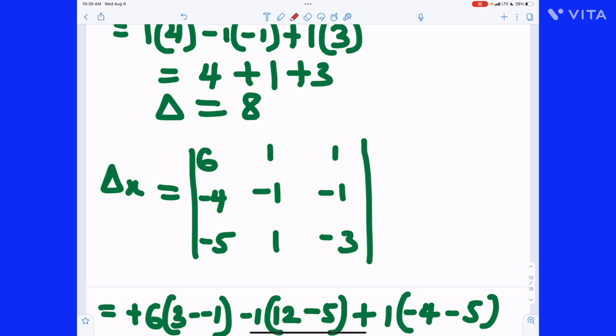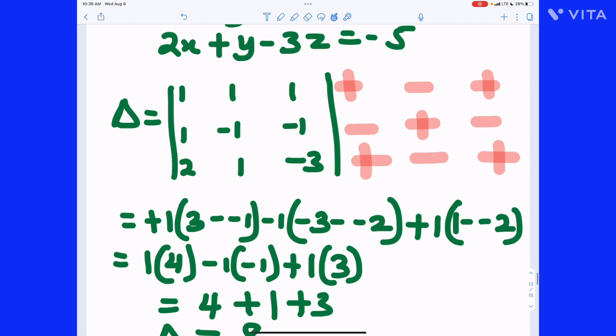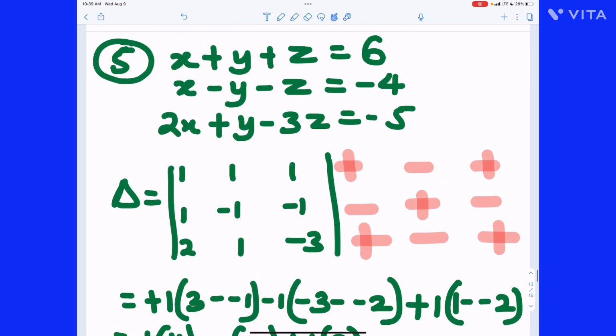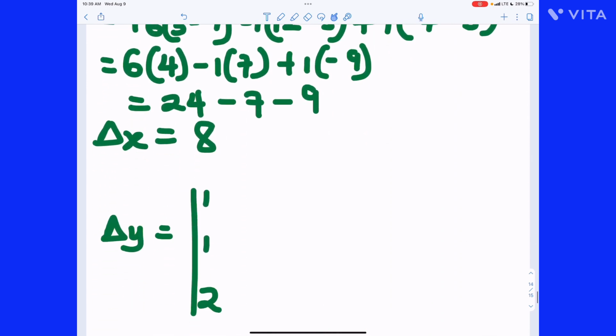The coefficients of y are 1, minus 1, and 1. I'll change those to 6, minus 4 and minus 5. So instead of writing 1, minus 1 and 1, I'll write 6, minus 4 and minus 5.